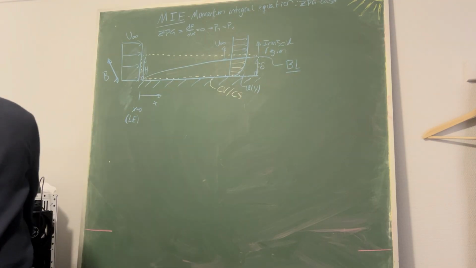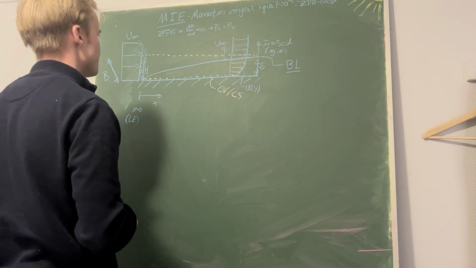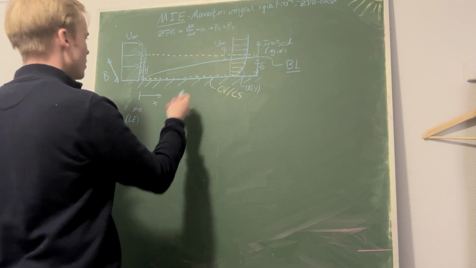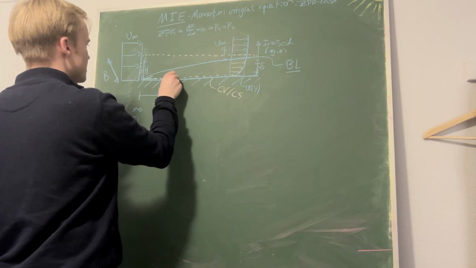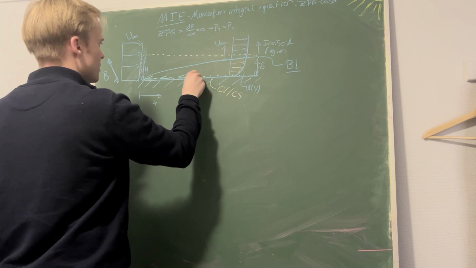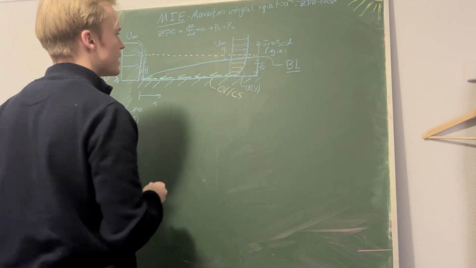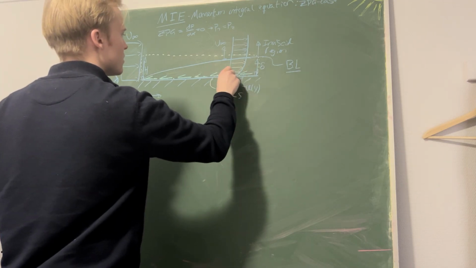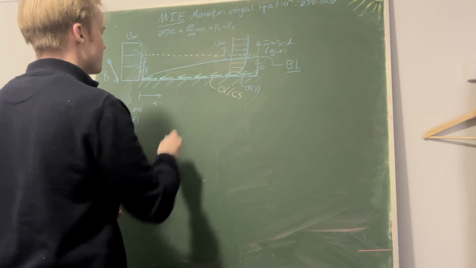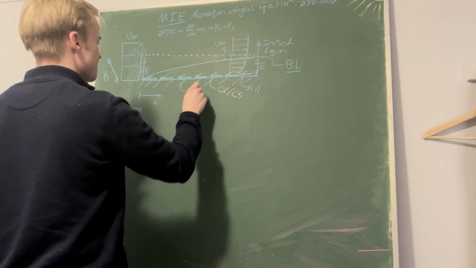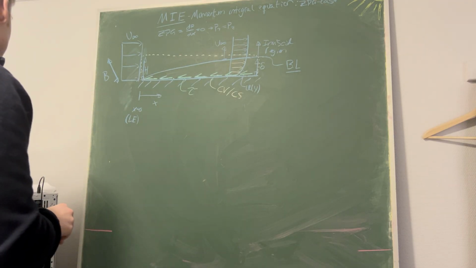And then we also have some forces inside of this control volume. We have shear. So we will have some forces here that are working against our velocity profile, right? So we have tau, like that.